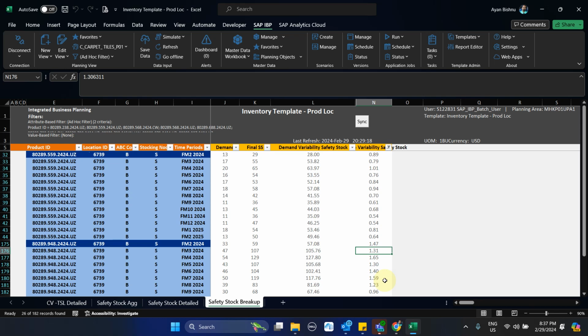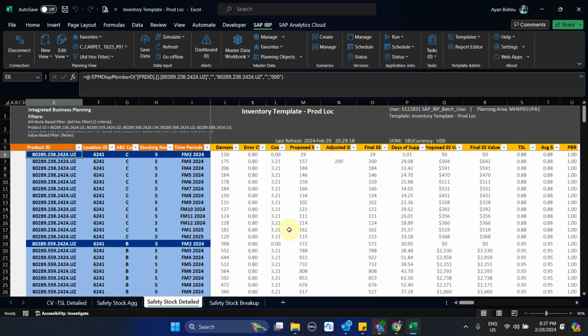Similarly, if my lead time is not accurate or there are variances in lead time, it also takes that into account, and based on that, it generates the recommended safety stock. So, in a way, this is how the safety stock runs and how it generates numbers.